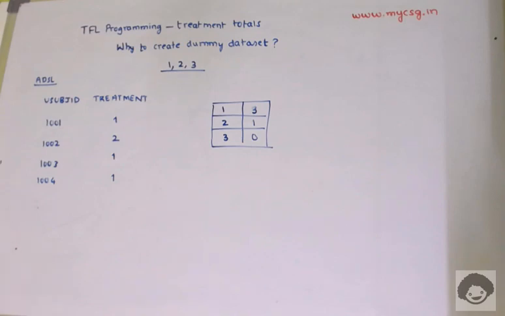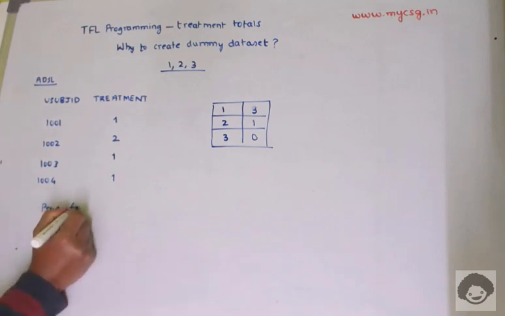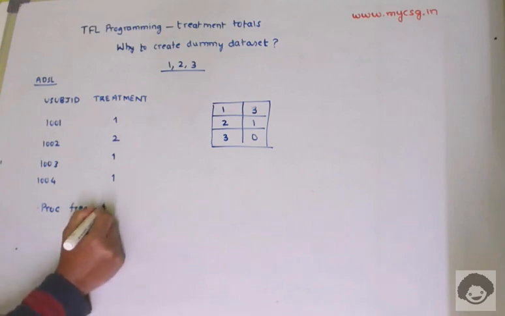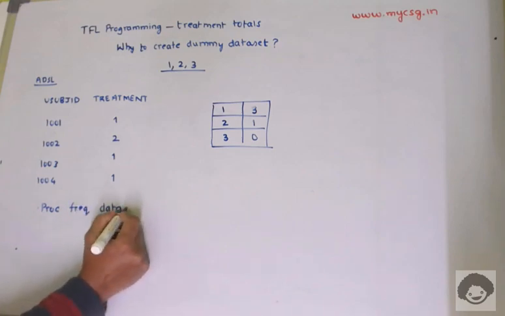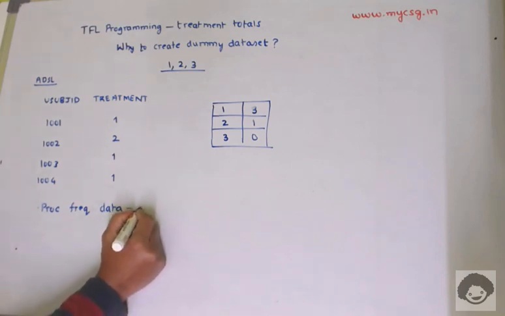We know that we can make use of PROC FREQ to count the number of occurrences of each unique value in a particular variable. So we use this procedure, PROC FREQ, to obtain the counts. We have to specify the name of the input data set on which PROC FREQ has to be run, so we have our ADSL data set.